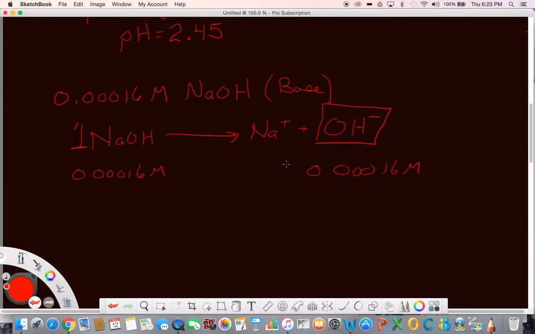This is going to be 0.00016 molar. So instead of finding the pH, we now can find the pOH, which is equal to the negative log of the 0.00016. So the pOH then for this is going to be, we'll just call it 3.80.